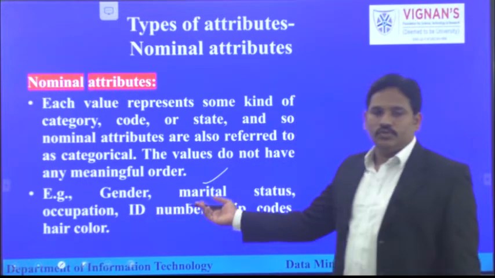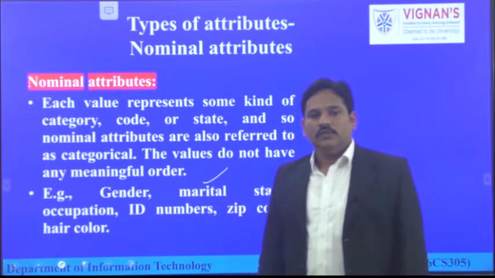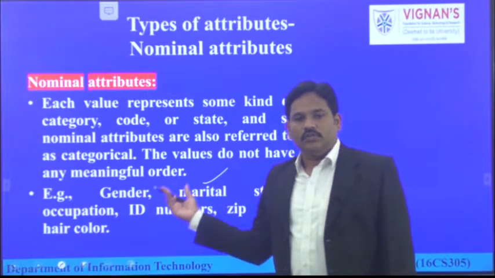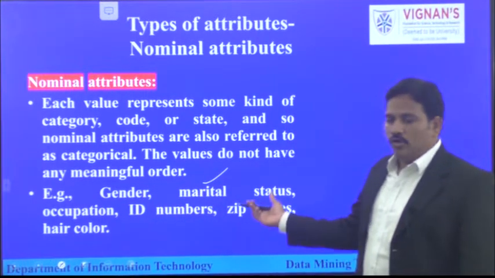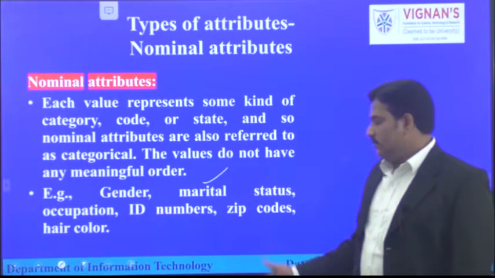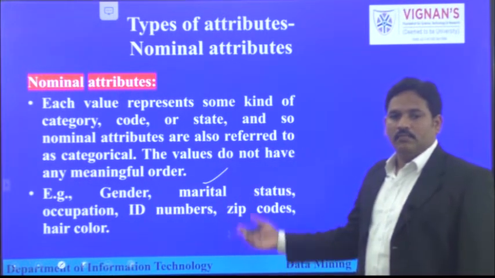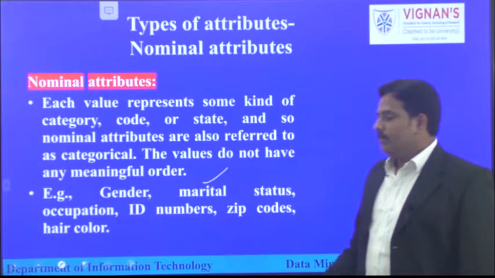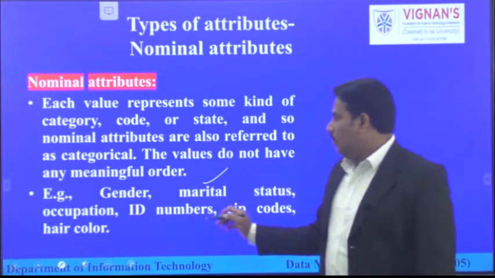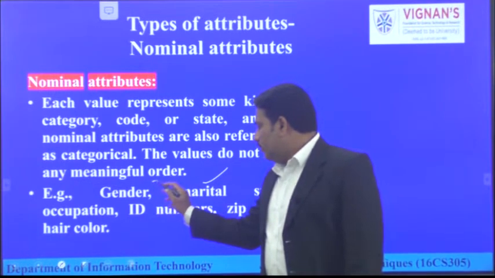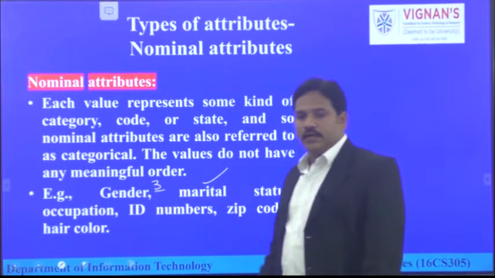Like that, if you want to choose an employee occupation, then based on the designation of that employee, they can choose the occupation. When you want to give an employee ID, it may be numeric or alphanumeric, and there may be many values. Here in nominal, for gender we have 3 possible values.